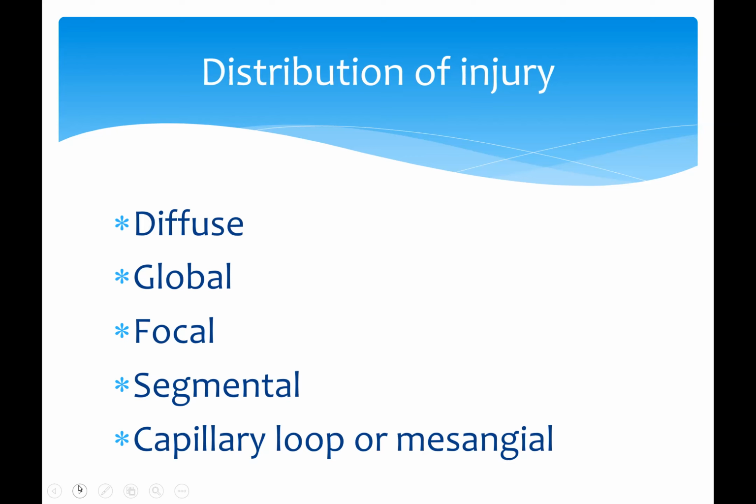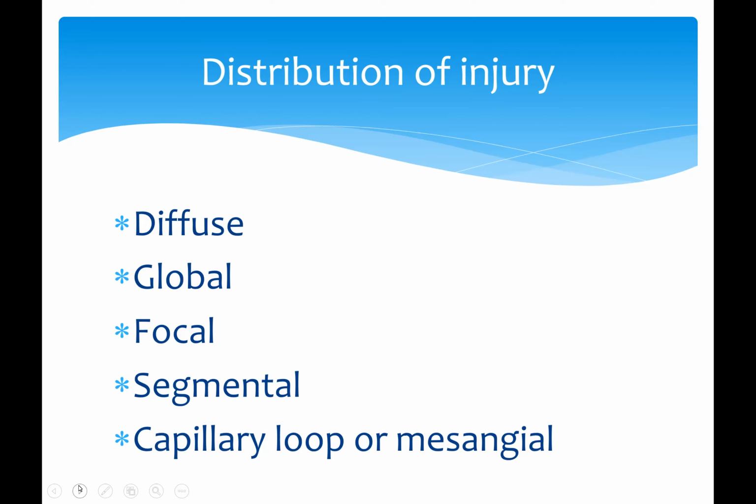Or is it only involving a fraction of the glomeruli in the kidney? That is what you call focal. Or is it only affecting a part of each glomerulus? That's what you call segmental. Or does it affect predominantly capillary or mesangial regions? So that's the last bullet, capillary loop or mesangial.